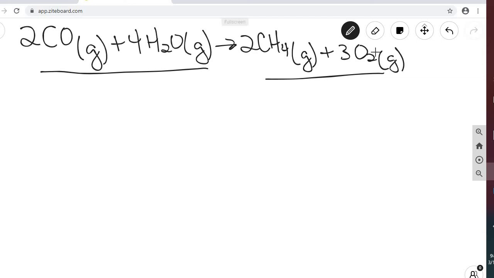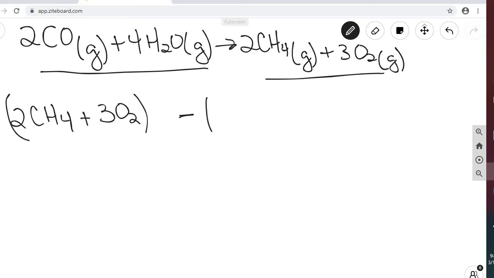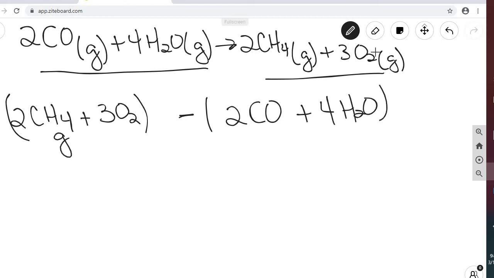So we have 2 CH4s plus 3 oxygens on the product side. And we are going to subtract from that the 2 carbon monoxides plus the 4 waters. And we have to make sure that this is a gas, this is a gas, this is a gas, and this is a gas.